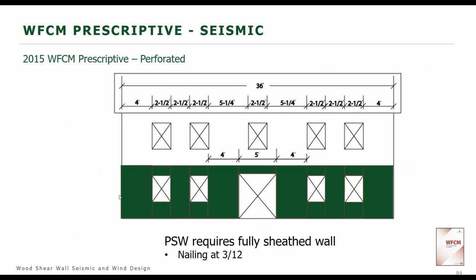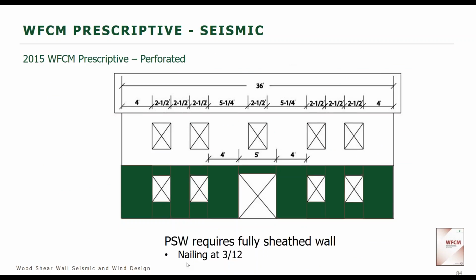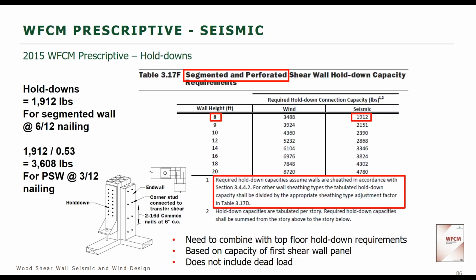When we go to a perforated shear wall, our nails are at 3 inches on center edge nailing, 12 inches panel field nailing, where before on the segmented, we had 6 and 12. But we also reduce our required hold downs to just 2, as opposed to 1 on each side of the full height segment of the segmented.